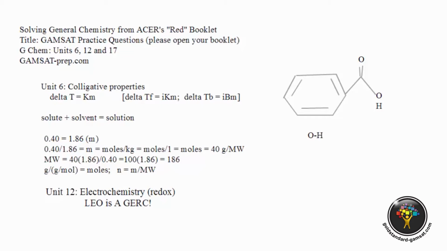But the trickery, which ACER loves to test because it's an opposite idea, is that the oxidizing agent is itself reduced. That's how it oxidizes something else: the oxidizing agent is reduced, and the reducing agent is oxidized. So those are some expressions you should have in your mind when you're doing electrochemistry.